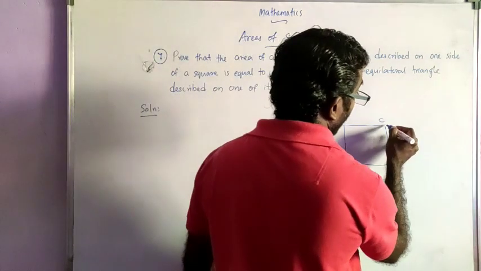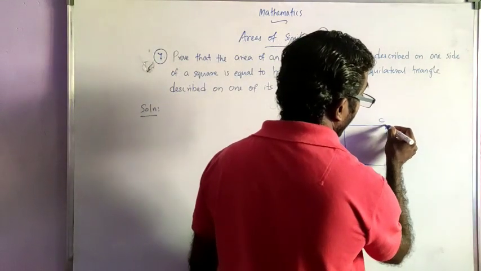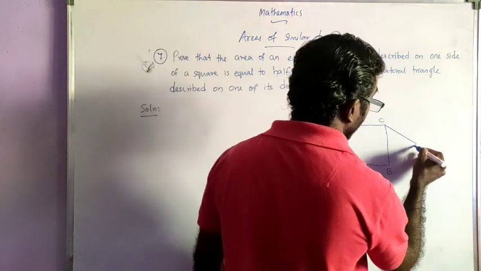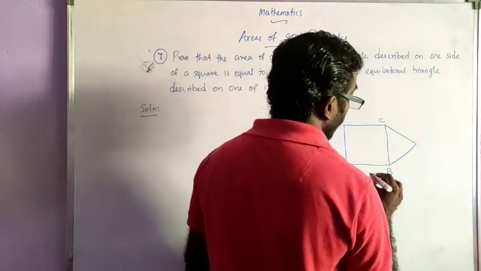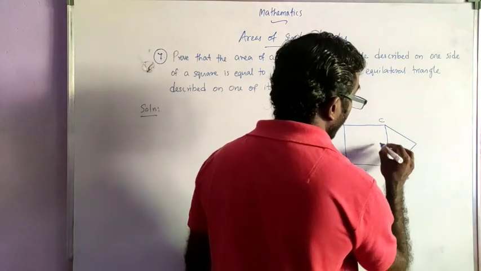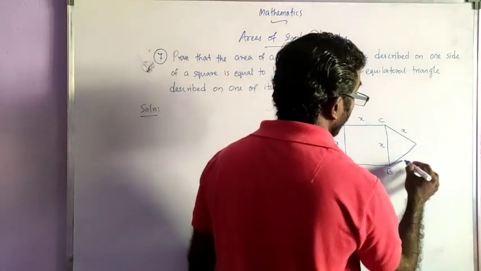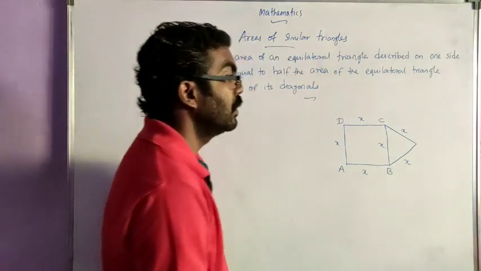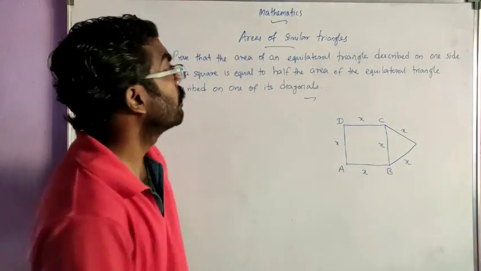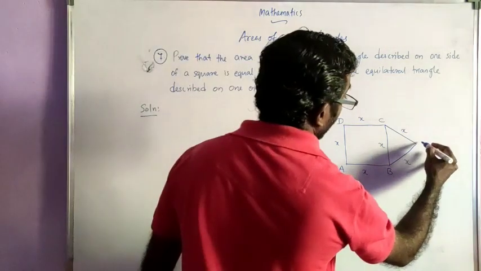So here on the right side we can draw an equilateral triangle. If the side of the square we take as x, then here also the length will be equal to x. Mark the point as E.